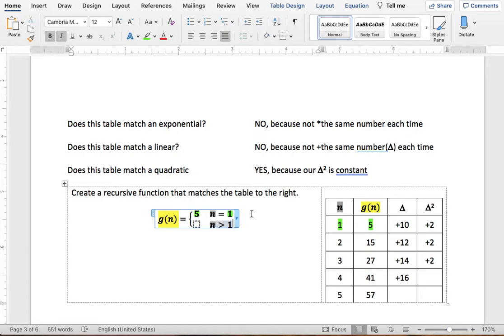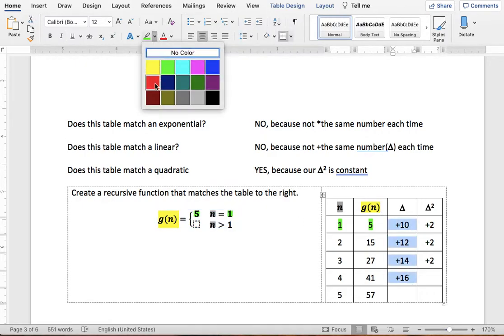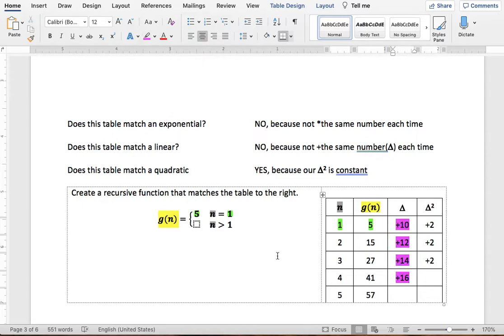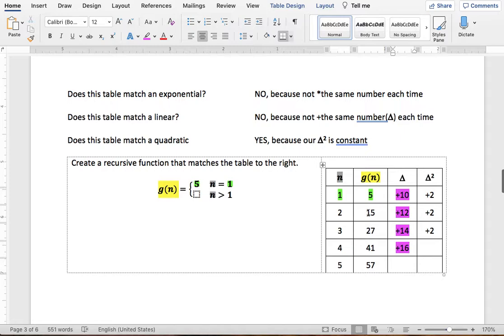Okay, now the harder part. This right here is my change column. And if you notice, to get this next y, I took my previous one plus my change column.